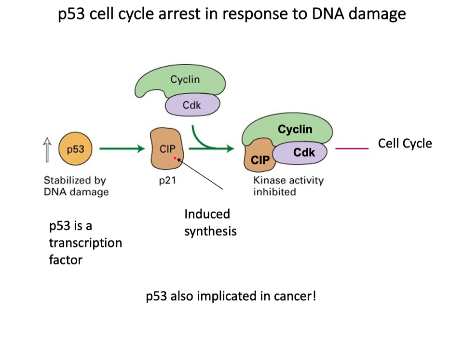One of these genes happens to be P21 CIP. So P53 induces the synthesis of P21 CIP protein, and it will also bind to any cyclin CDK dimer that is present during the cell cycle and inhibit the cell cycle. So it is a very powerful cell cycle control system.